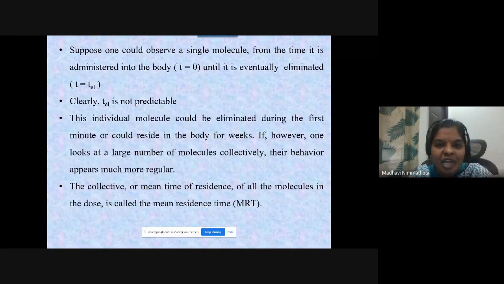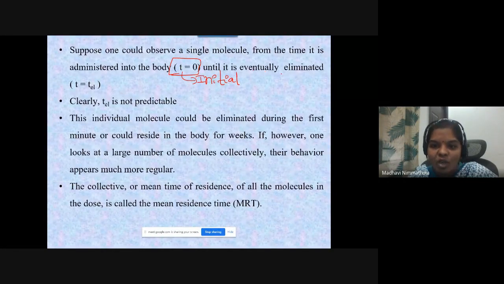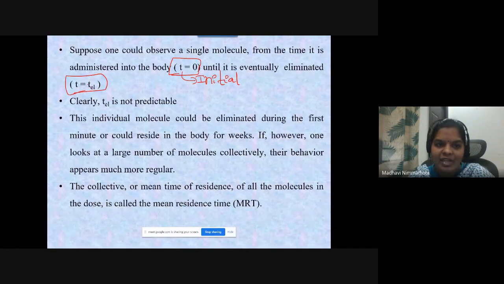Initially the time will be 0 at the starting point, before you administer. You administer now, and at that moment the time is 0. It is considered the initial time, that is 0, until the molecule is eventually eliminated. So this is the starting time and the elimination time is the ending time. This is called TEL, the elimination time.